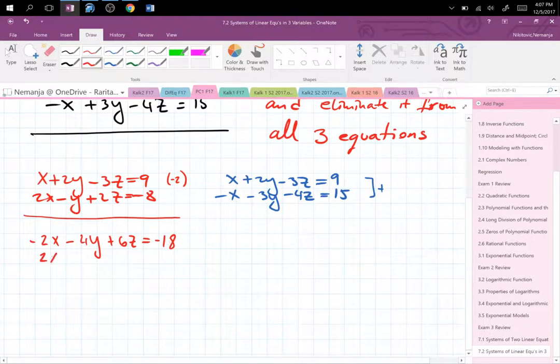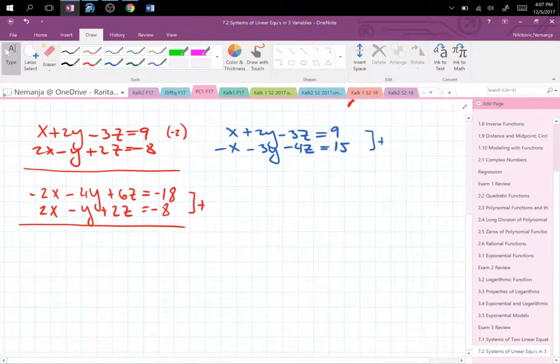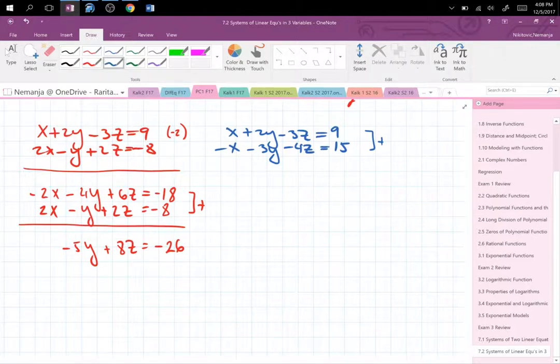And then I'm copying the bottom equation because I haven't done anything to it yet. And now, when I have opposite signs on x, when I add, I get -5y plus 8z is equal to -26. And now we jump to the blue one.